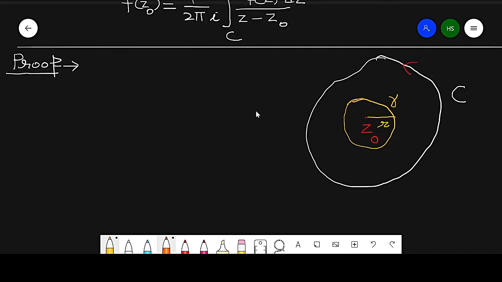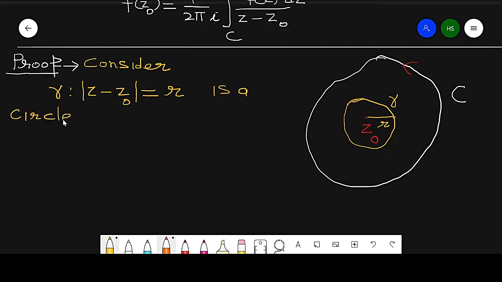So we take a gamma, which is the set of all points on the circle with center z0 and radius small r.